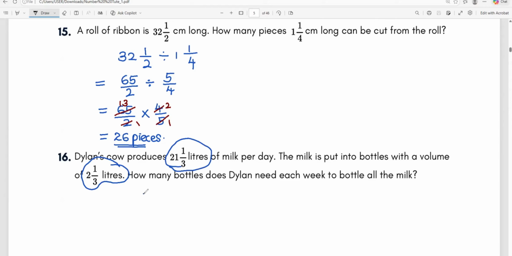Again, it's a division of two mixed numbers. Convert into improper fractions.